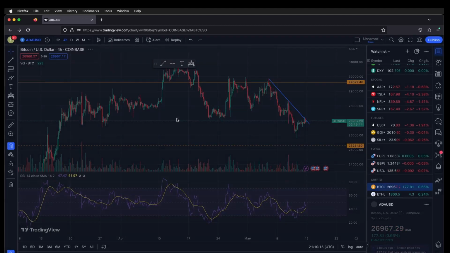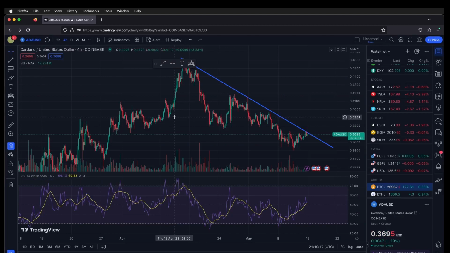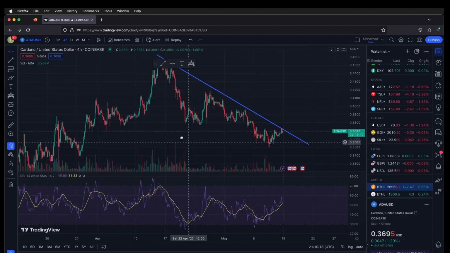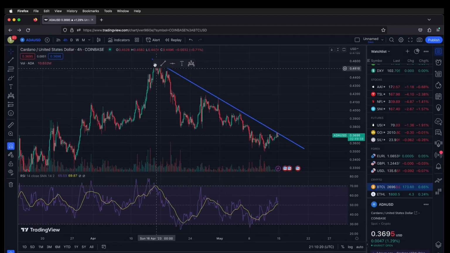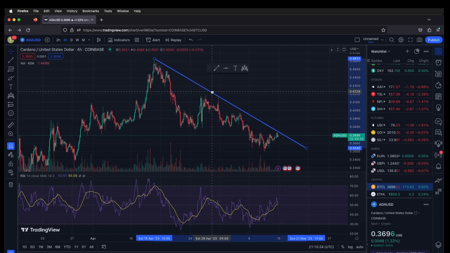And we can look at that at Coinbase. I already have a trend line on this chart. Let's also change the weight of this trend line here.